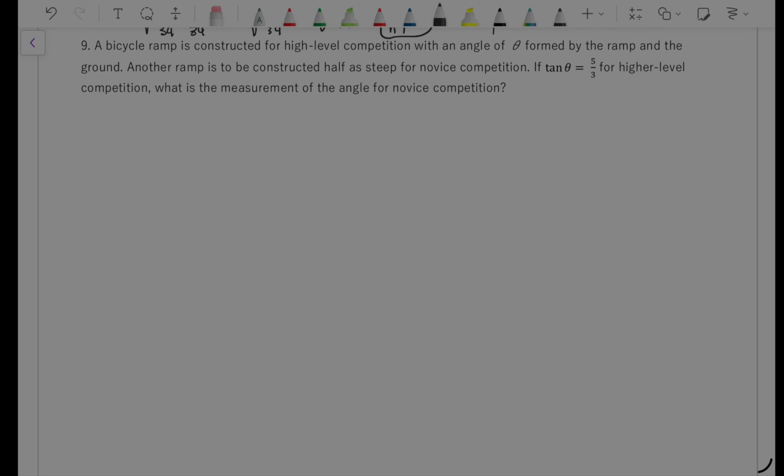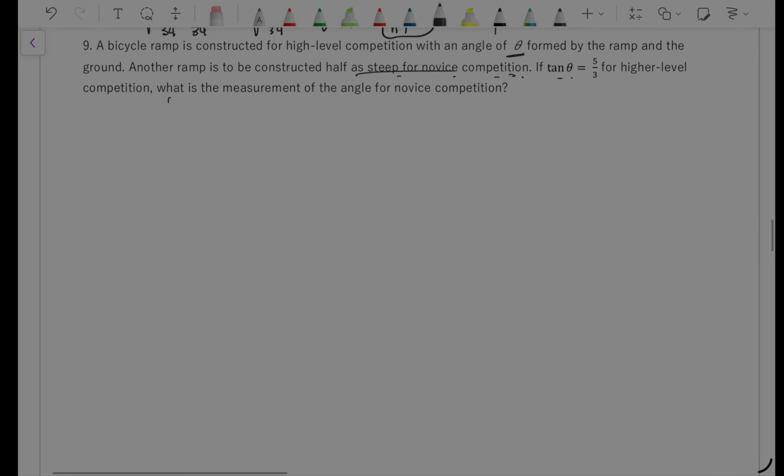Application problem. A bicycle ramp is constructed for high-level competition with an angle of theta formed by the ramp and the ground. Another ramp is to be constructed half as steep for a novice competition. Tangent of theta is 5/3.